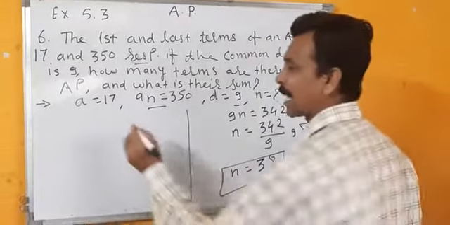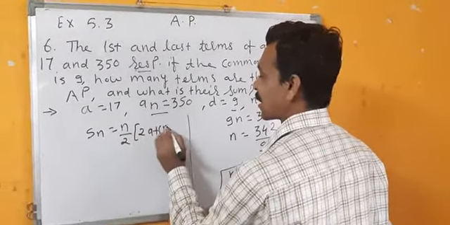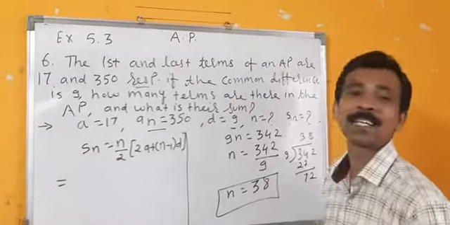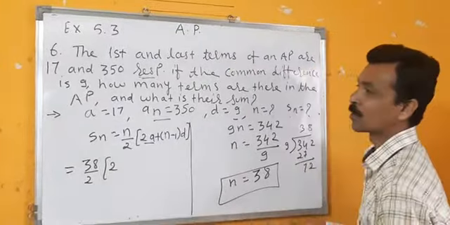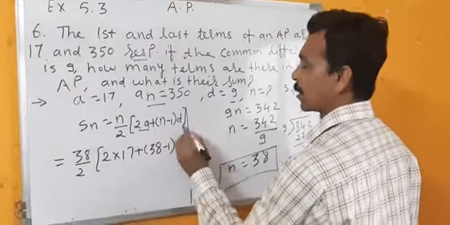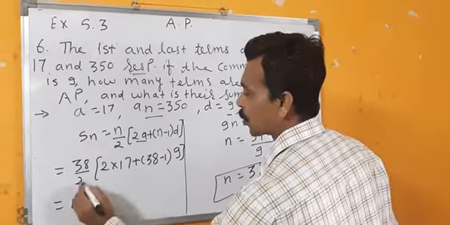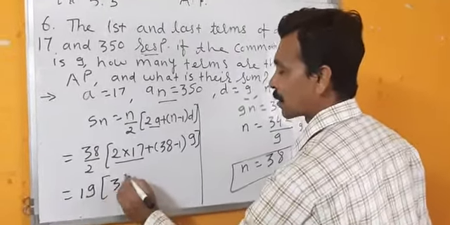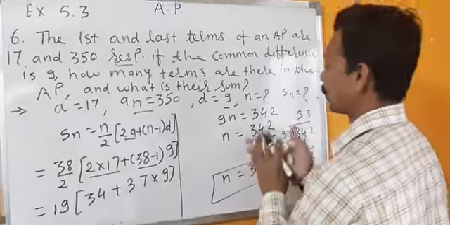Sn is equal to N by 2 into 2A plus N minus 1 into D. N is 38 upon 2 into 2A means 2 into 17 plus N minus 1 means 38 minus 1 into D is 9. 38 by 2 is 19, into 2 17s are 34 plus 38 minus 1 is 37 into 9.